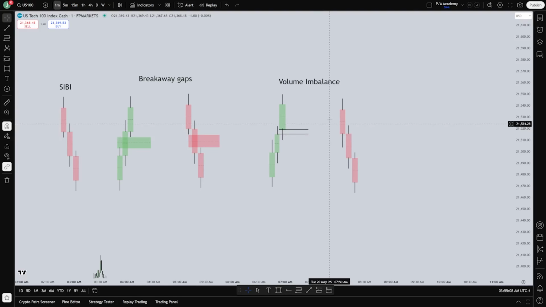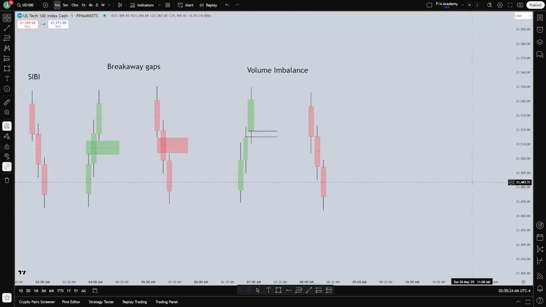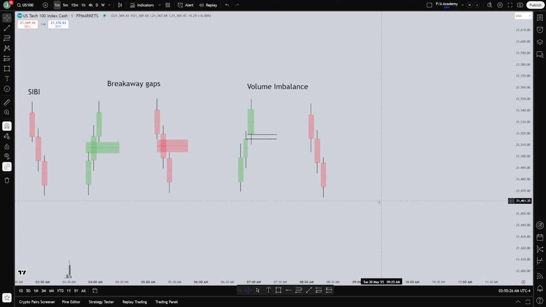If you want to make sure you get in the trade, then take it in the higher one. If you want to get a better risk to reward ratio, wait for this low to get taken out and enter in the imbalance, right? So choose whichever one works better for you, and build a model out of it, right?